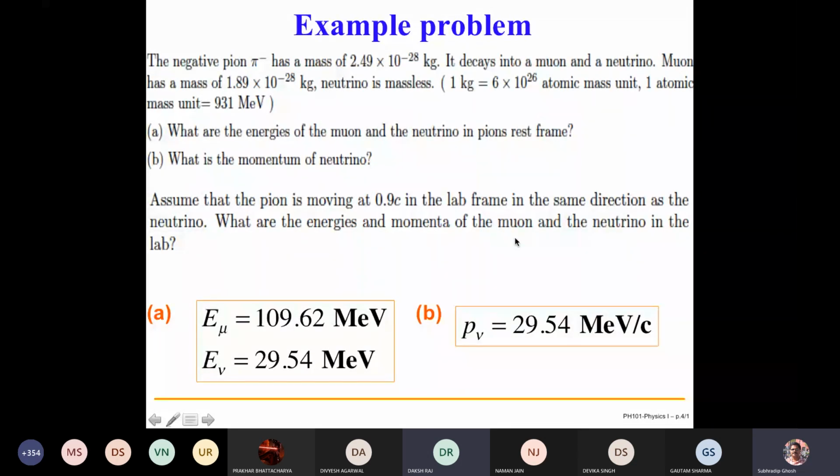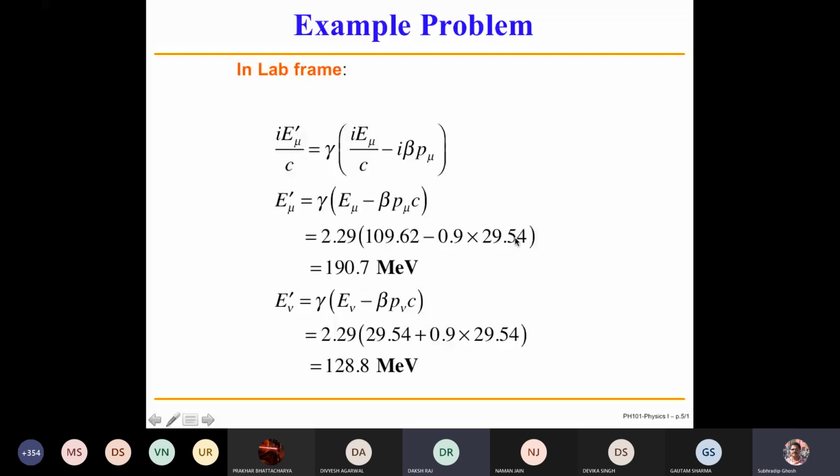We plugged that in and got this result. Therefore, if you are given a problem where you are asked to find energies in two different frames, you can easily find that. And from here, you can calculate the energy-momentum relationship also and get the momentum.